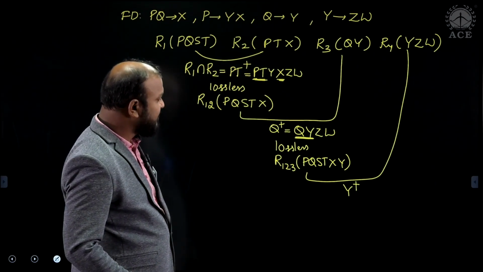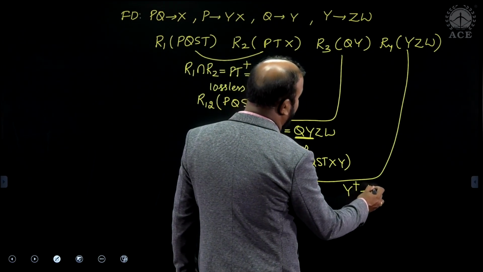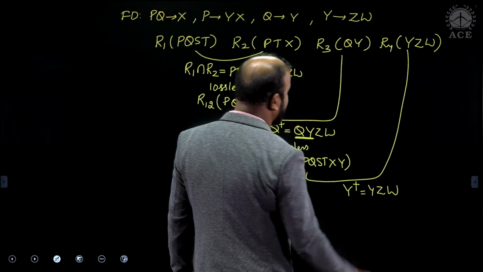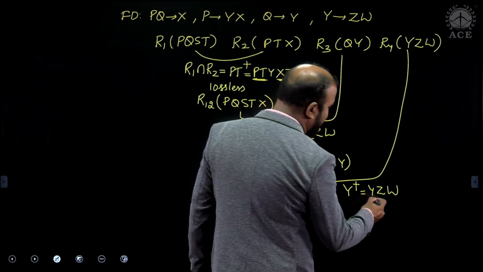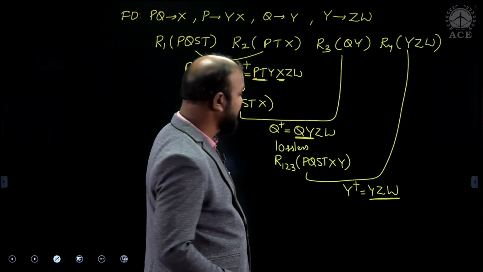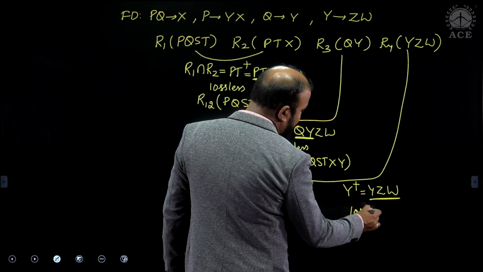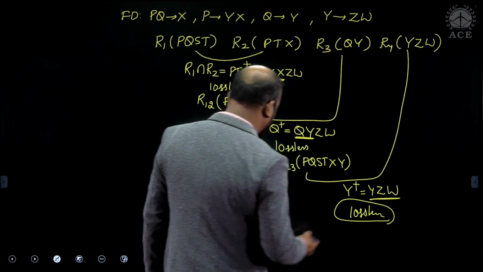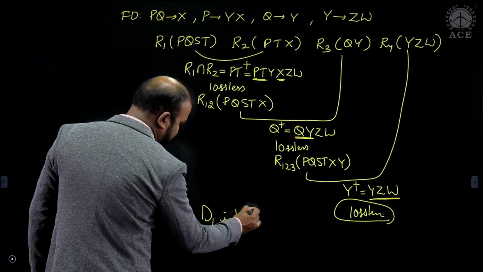What are the attributes of Y closure? The Y closure will determine Y, Z, W. Anything else? No. And moreover, this Y closure is determining Y, Z, W, that is R4. So, the decomposition of all of them is also lossless. So, what is D1? D1 is lossless.